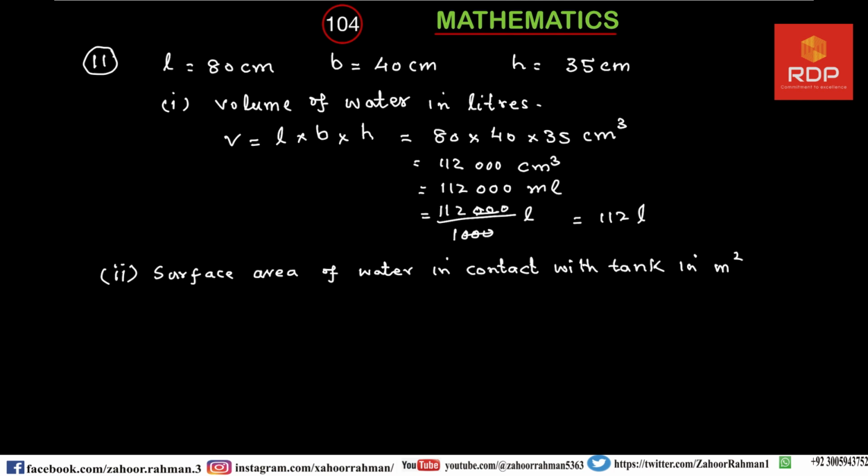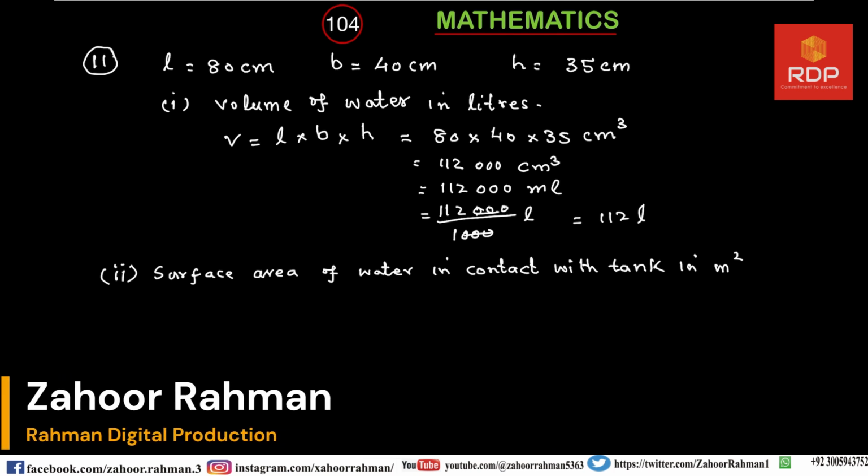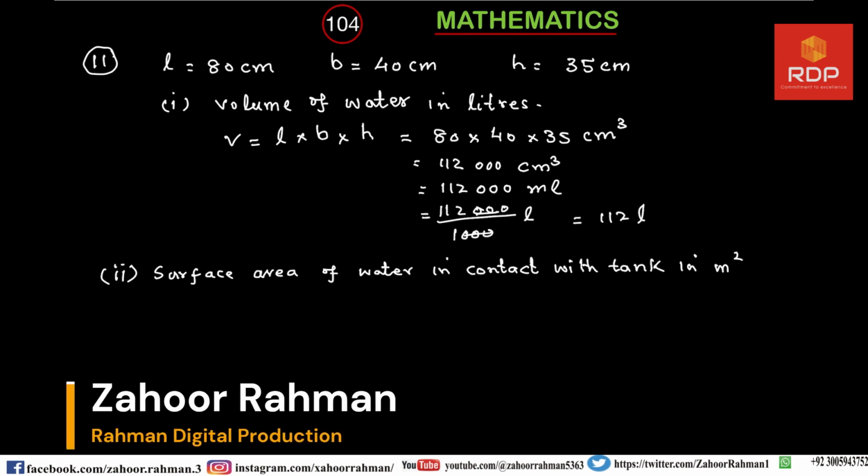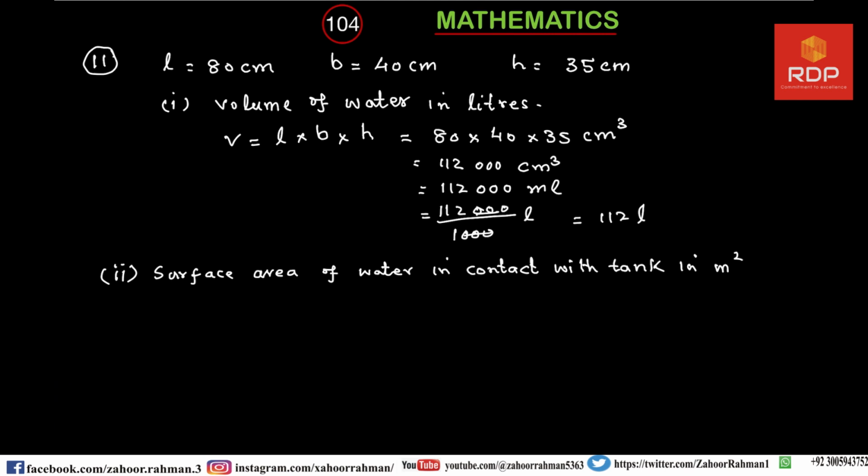In the second part, they are saying the surface area of the tank that is in contact with the water, giving your answer in meter square. Let us find the surface area.